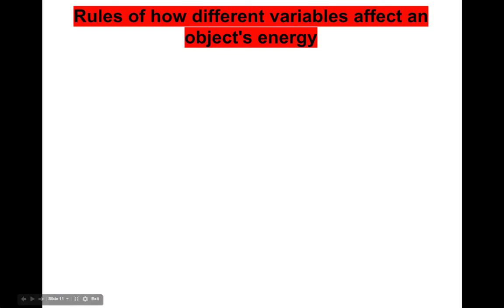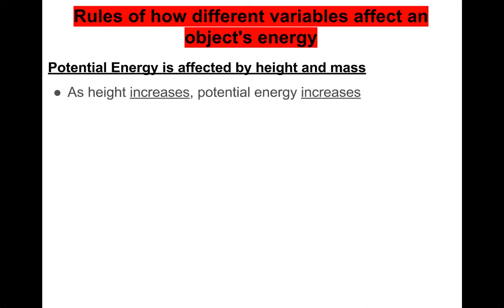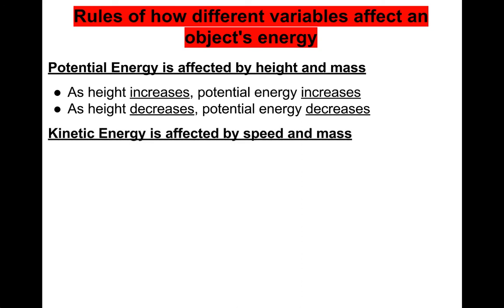So the rules of how different variables affect an object's energy. Potential energy, just to sum it up, is affected by height and mass. As height increases, potential energy increases. As height decreases, potential energy decreases. So they have a direct relationship. Kinetic energy is affected by speed and mass.